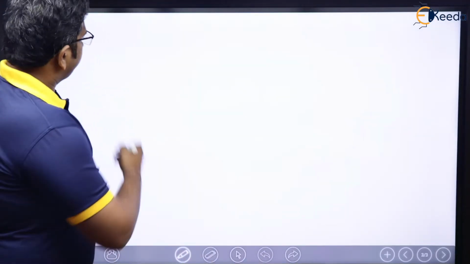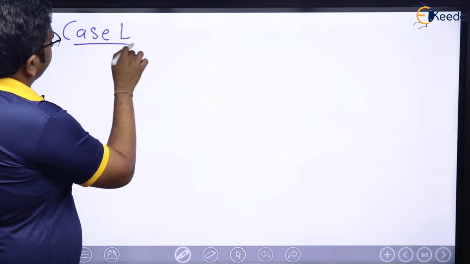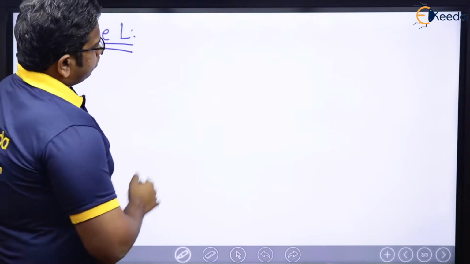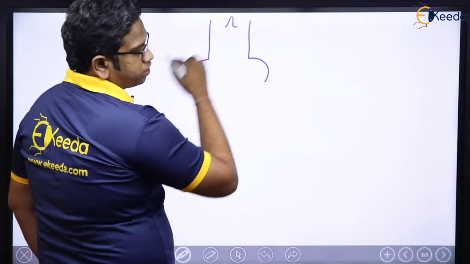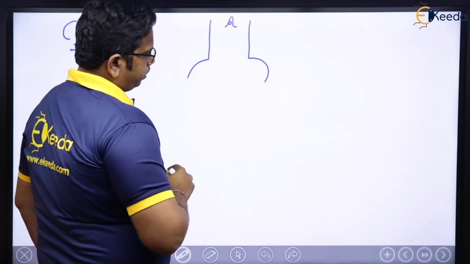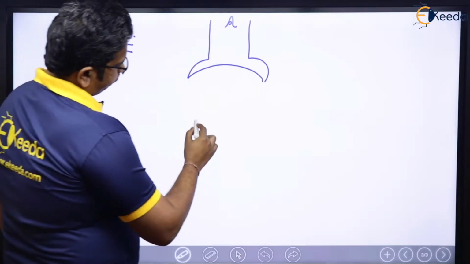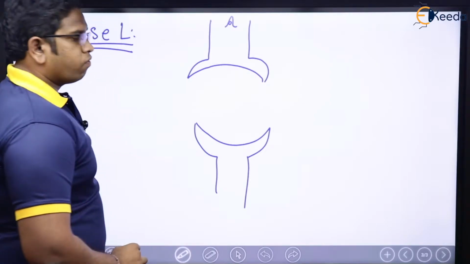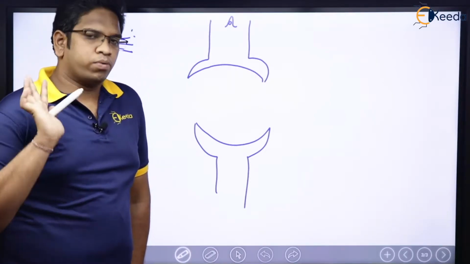Yes, see here, case 1. Now let us consider a stator like this. If it is a stator, we need to have a bullseye, right? Let us say this is the stator. Now this stator has, let us say, randomly 2 poles.